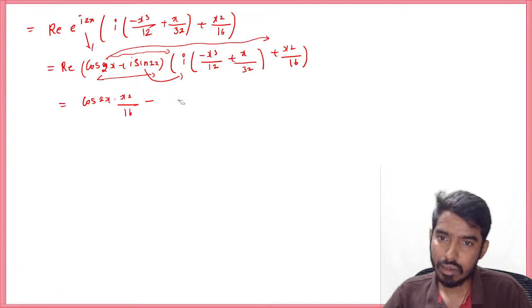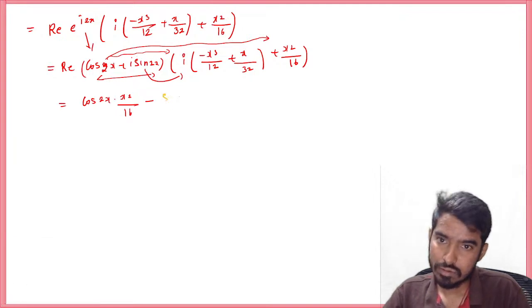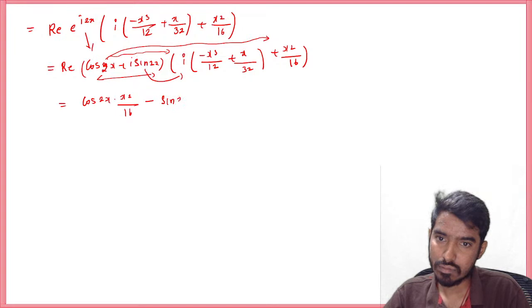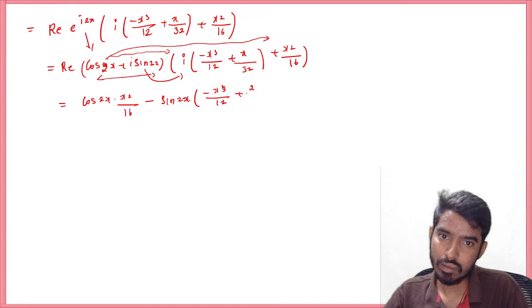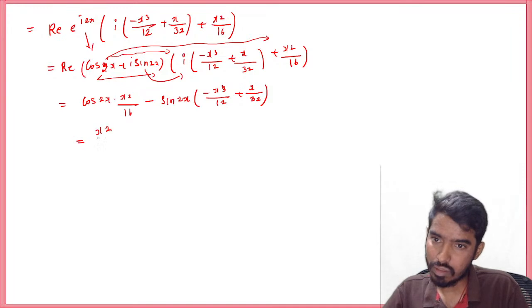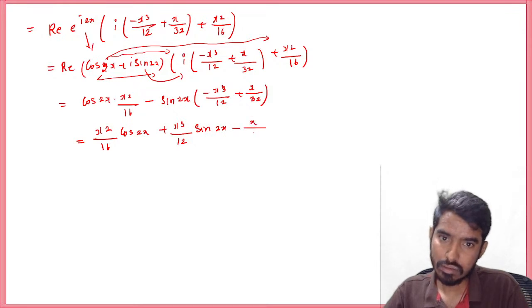So we have sin 2x into minus x cube by 12 plus x by 32, right? So this is equal to x squared by 16 cos 2x plus x cube by 12 sin 2x minus x by 32 sin 2x. This is your particular integral.